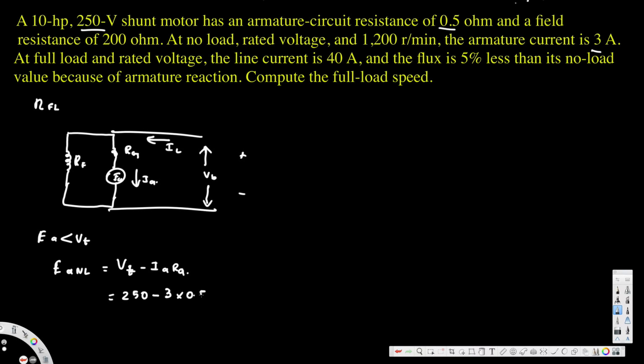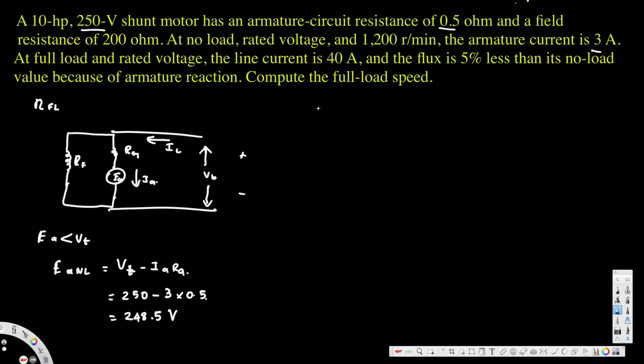So 3 times 0.5, and that gives us 248.5 voltage.